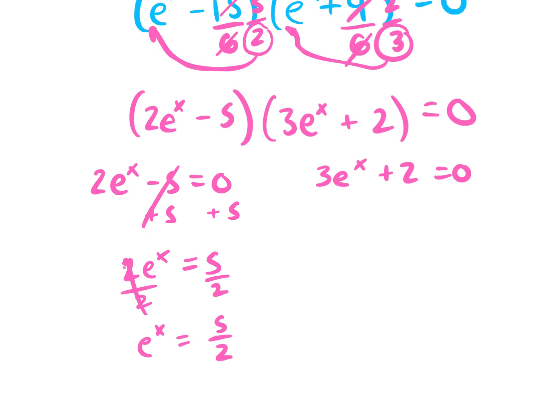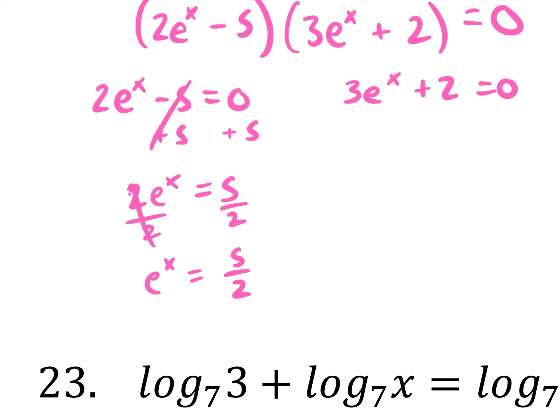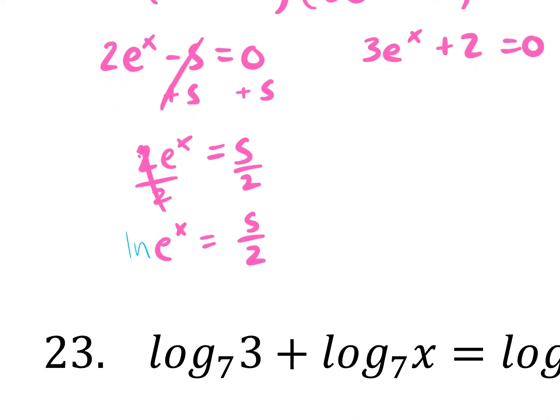Now, how do I solve for x from here? ln both sides. So if I take the ln of both sides, ln of e cancels, so x is equal to whatever the ln of 5/2 is. What do we get? We take the ln of 5/2. 0.916.